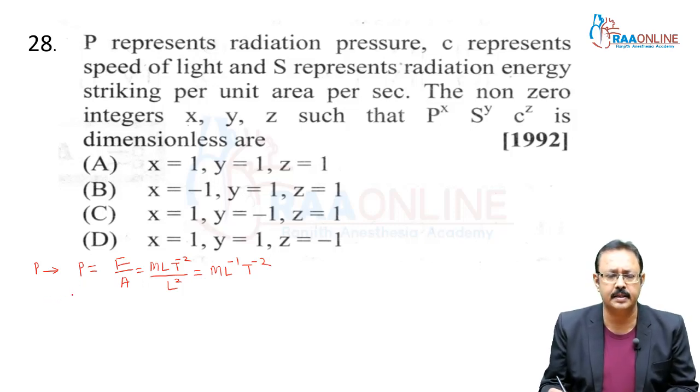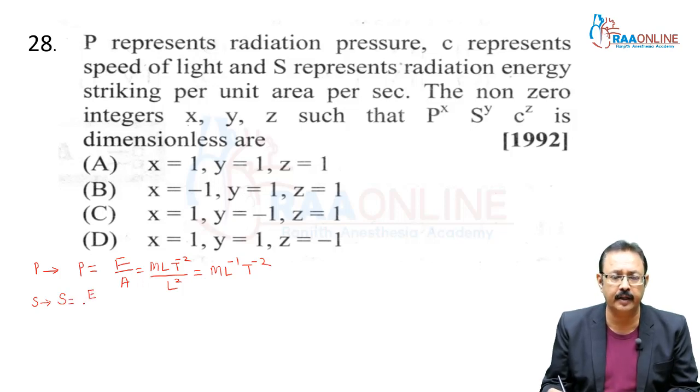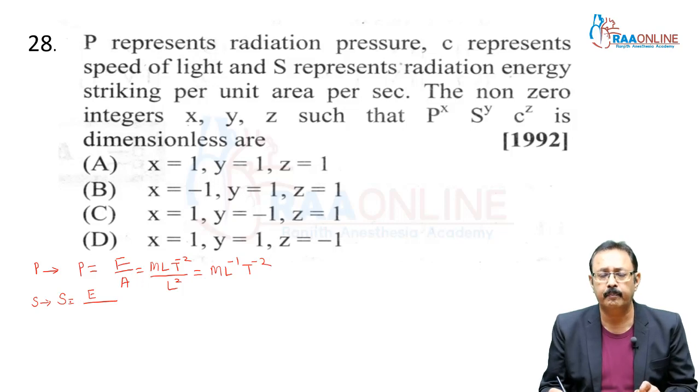What is S? Radiation energy, means S is energy, but not only energy. Per unit area, per means this should be in the denominator, area. Per second means second is also in the denominator.